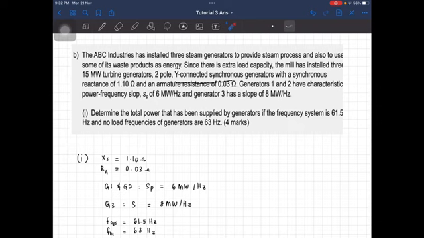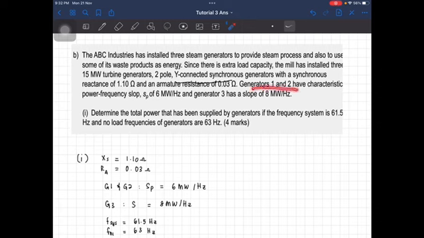The ABC Industries has installed 3 steam generators to provide steam for process and also to use some of its waste products as energy. Since there is extra load capacity, the company has installed three 50 MW turbine generators, 2 pole wye-connected synchronous generators with a synchronous reactance of 1.10 ohm and armature resistance of 0.03 ohm.